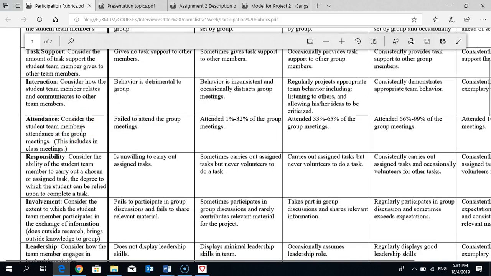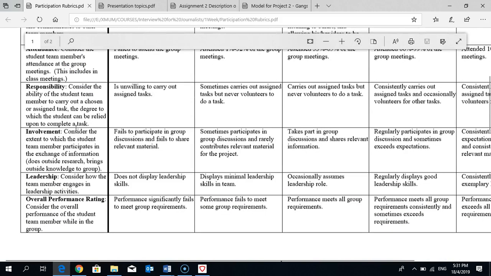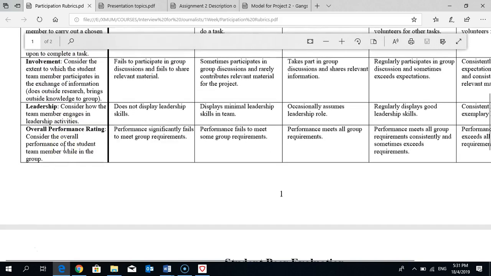How much do you participate in class, obviously. Your attendance is obviously important. Do you seem to be taking a leadership role in the class and in your team as we observe it? As you do your presentation, do you stand out in your presentation as a leader, and so forth?